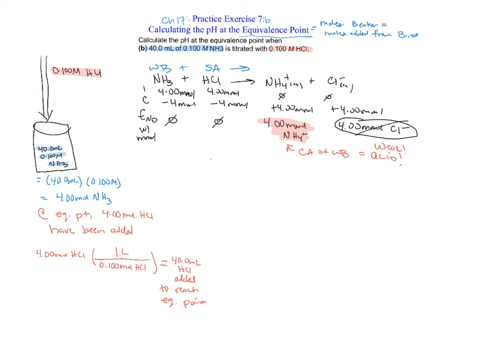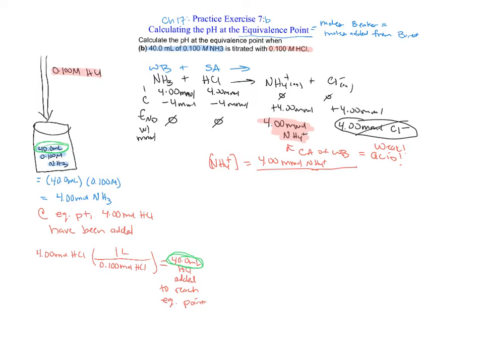So to get the molarity of my ammonium, I take my millimoles of ammonium and I have to divide by the total volume in my beaker at this point in time. So remember my total volume, I had 40 mL of the base, and I added 40 mL of HCl to reach the equivalence point.